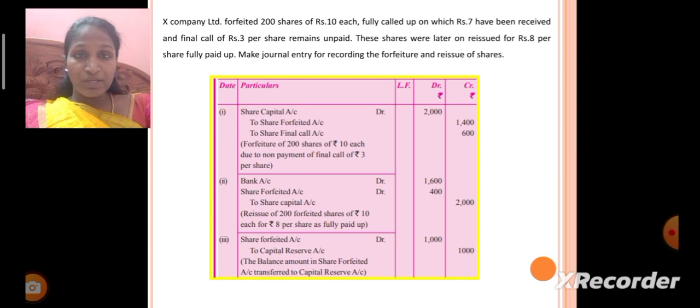In the second reissue entry, share forfeited amount is 400. Since it is the fully reissue model, we can directly deduct the two share forfeited entry amounts. So 1400 minus 400, the balance amount of rupees 1000 is transferred to the capital reserve account.